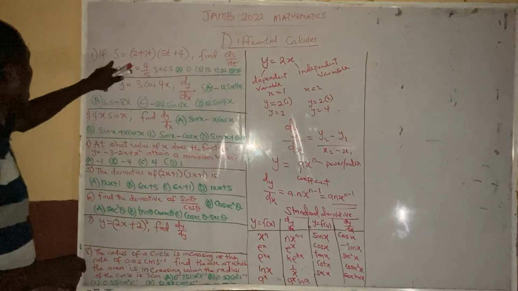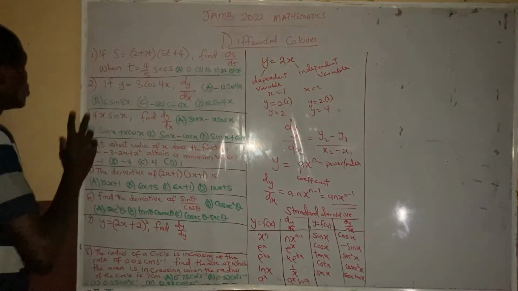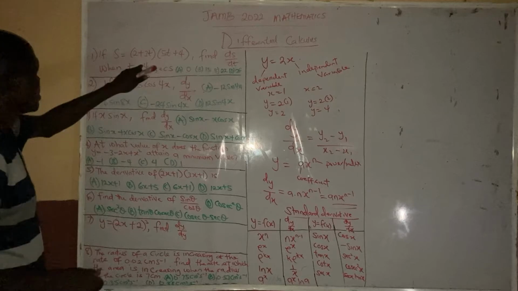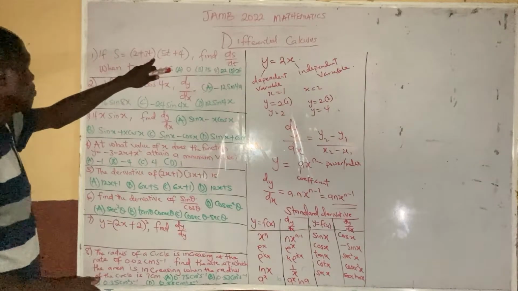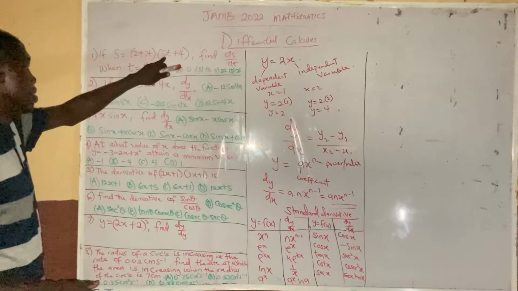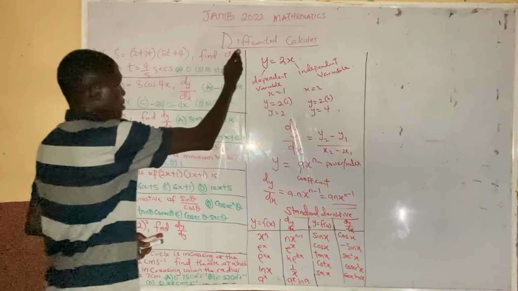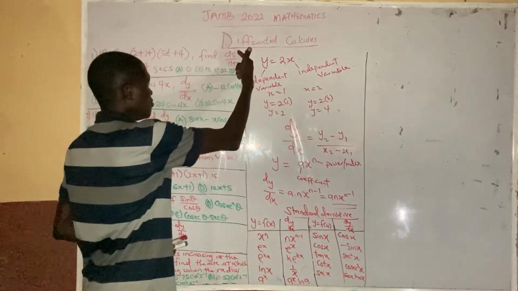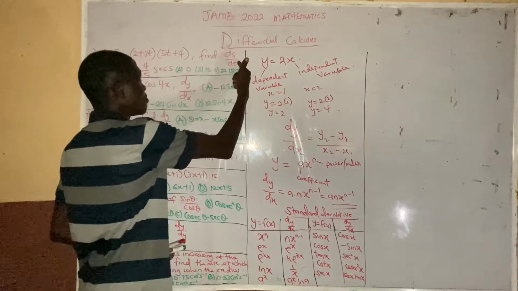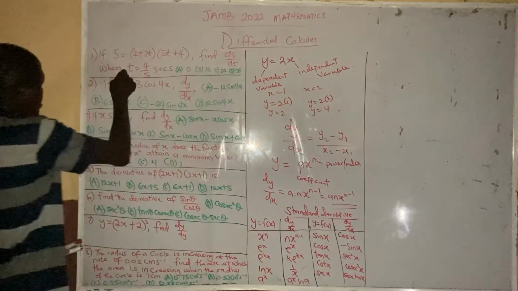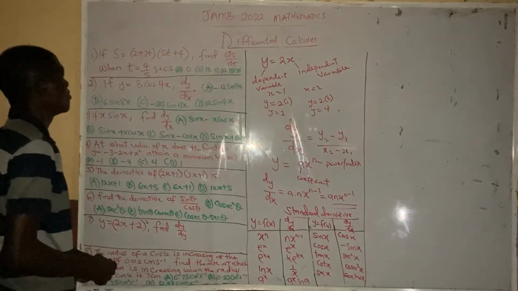It says if x is equal to (2 plus 3t)(5t plus 4), find the differential of x with respect to t when t is equal to 4/5 seconds.